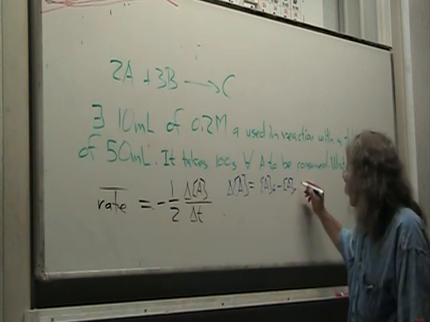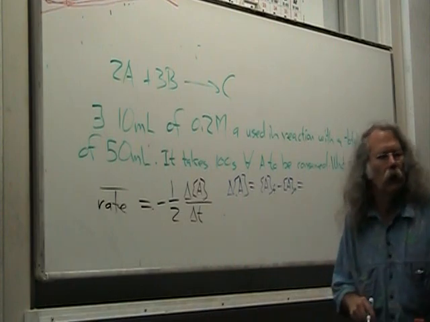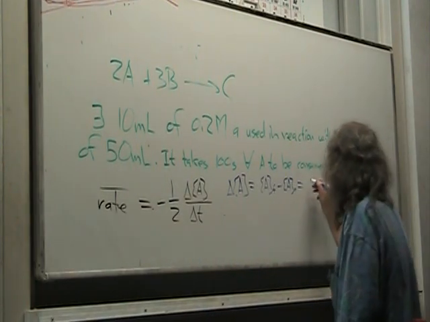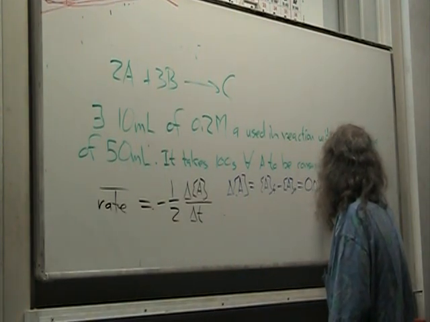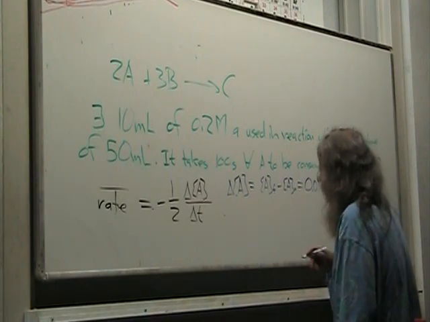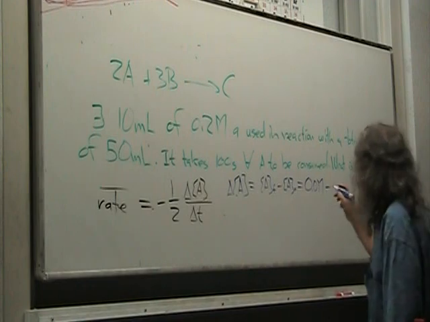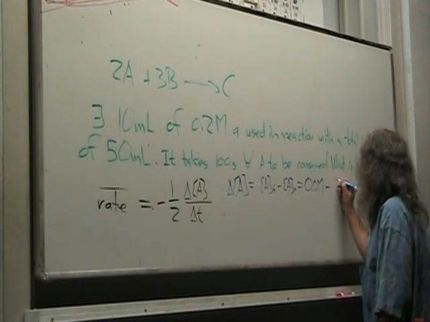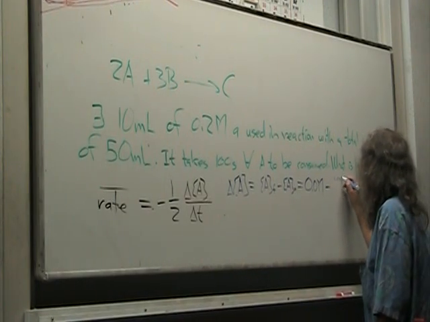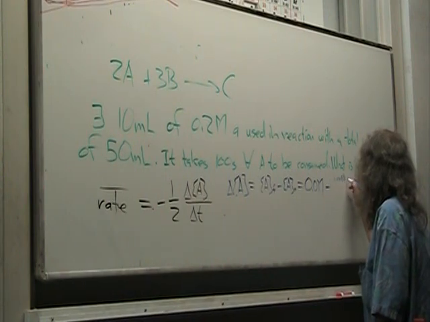Okay, what is the final concentration of A in this reaction? Equals 0.0 molar minus, and now I have to look at this. I have 0.2, so I'll write it as 2.0 times 10 to the minus 1 molar.